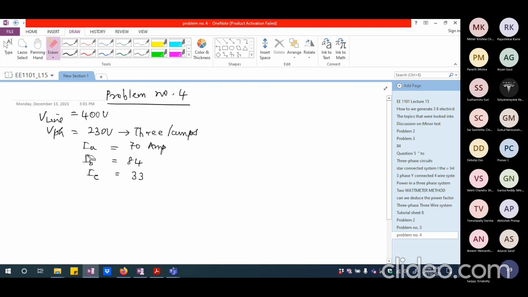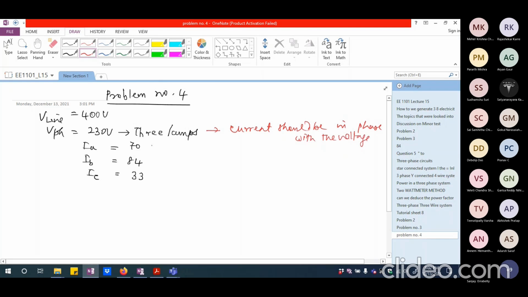One thing you have to realize is, because lamps are generally resistive load, the current should be in phase with voltage, if it is a normal incandescent lamp. So current should be in phase with the voltage.